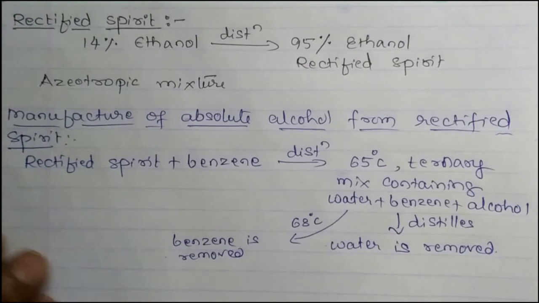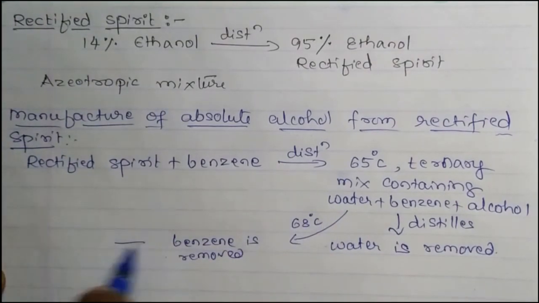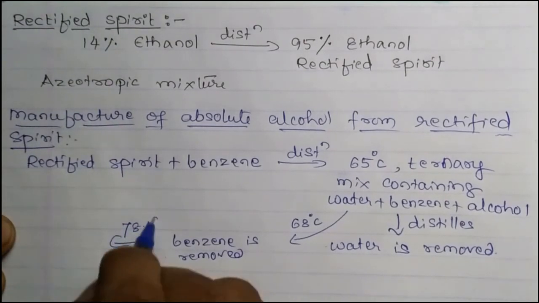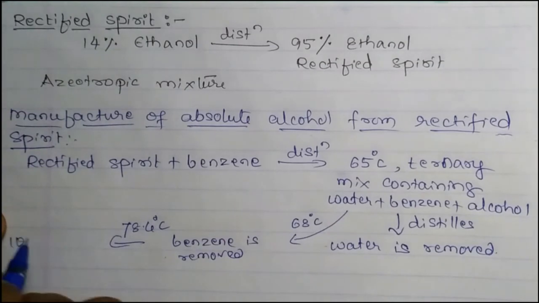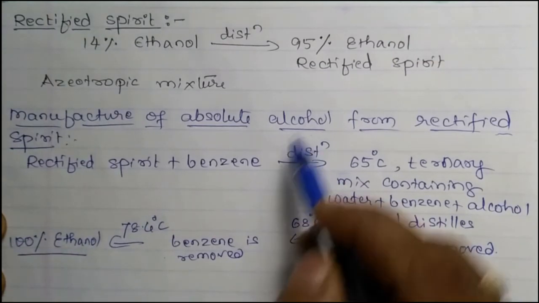Then this mixture is again subjected to distillation at 78.4 degrees centigrade, and you are going to get 100% ethanol, that is known as absolute alcohol.